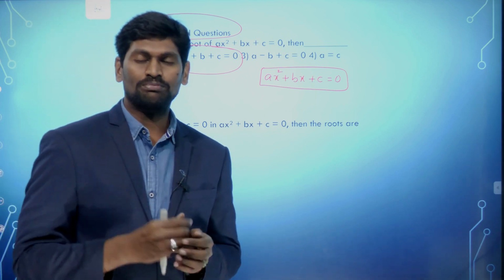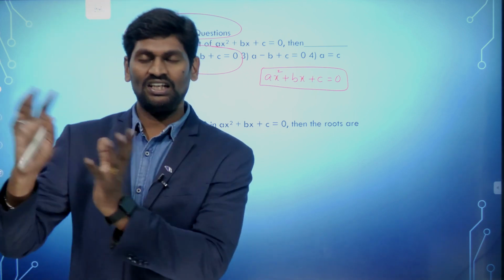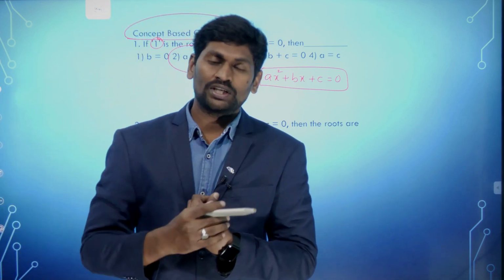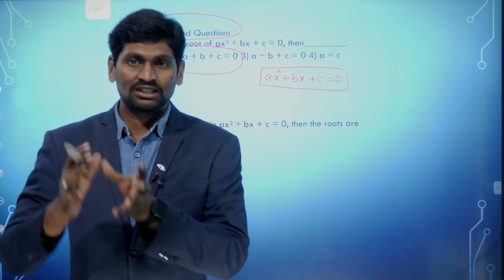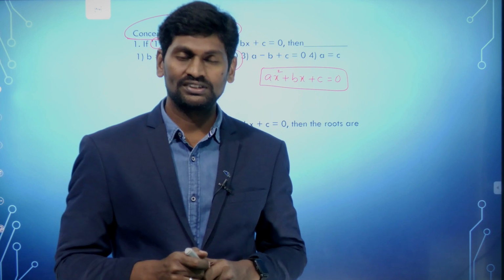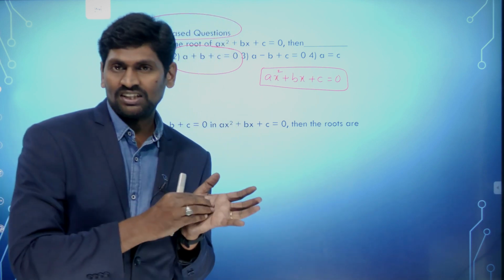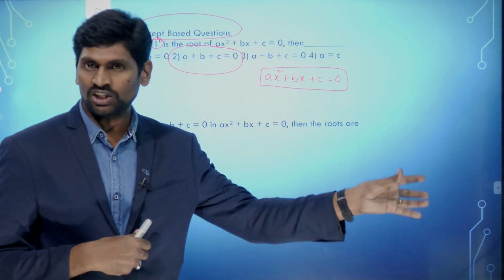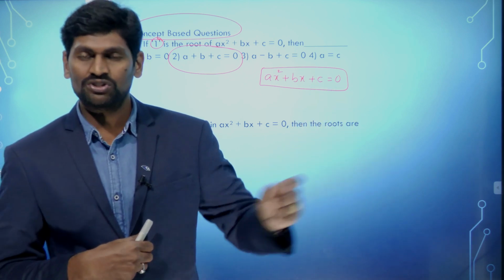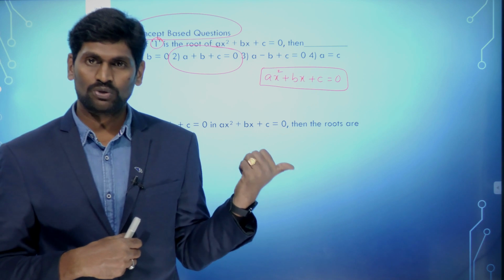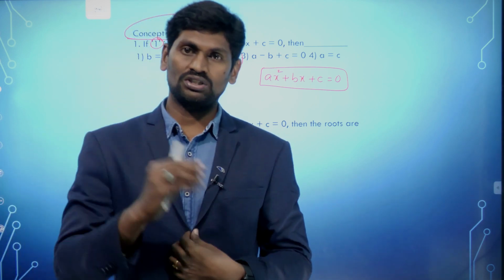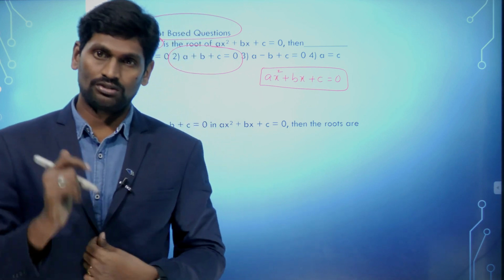For example, I am substituting 5 in a certain quadratic equation and the entire equation value becomes 0. We can call that 5 the root of the quadratic equation. Same way, if 5 is a root, that means f of 5 equals 0, where f of x is the quadratic equation. That means when you substitute, it should equal 0.